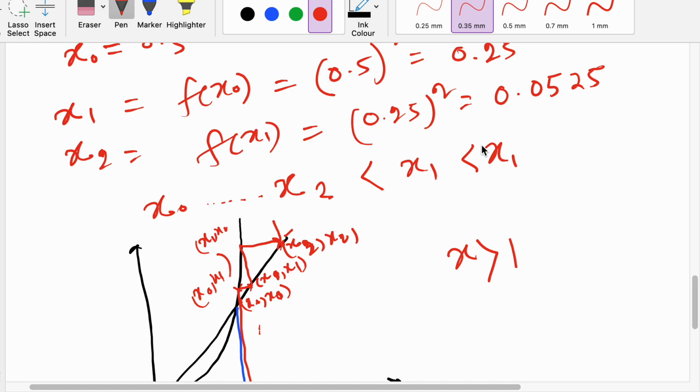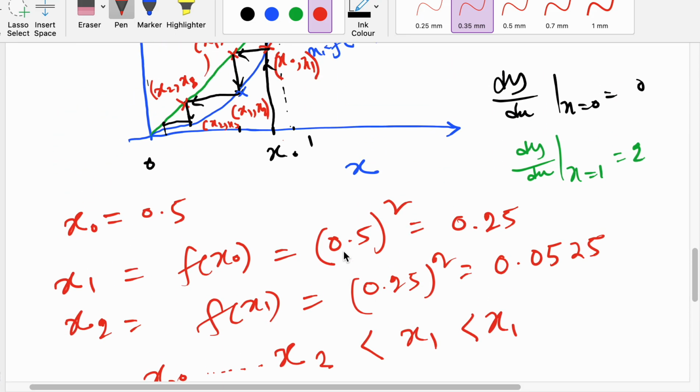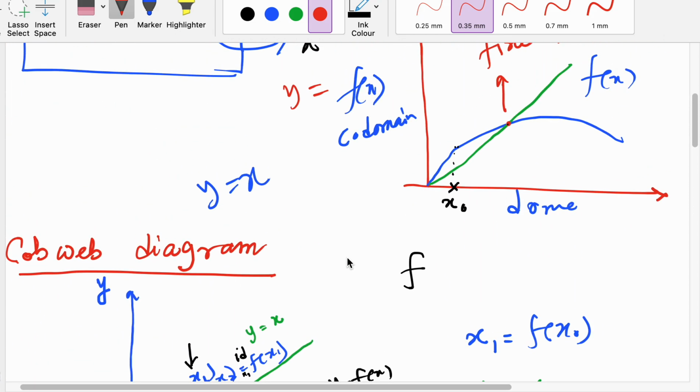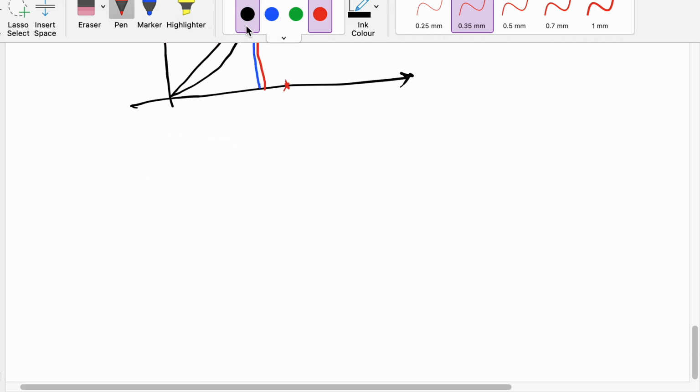We are using colloquial words, that the population is dying out or the population is going towards infinity. But in terms of mathematics, those are called the limit of the sequence of the orbit. So let us mathematize the things that we are doing here. We know what is called an orbit.